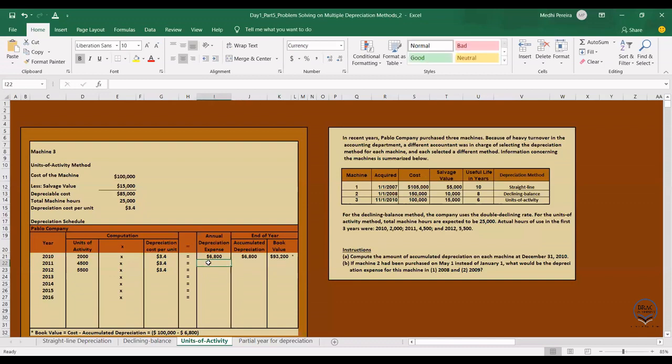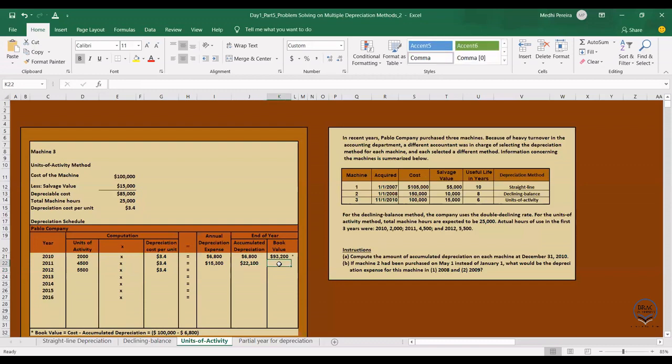So for the second year, which is 2011, we again have to multiply the units of activity for 2011, which is 4,500, multiplied by $3.4. So we have 15,300 for the second year. And in the case of the accumulated depreciation, now we have a previous balance. So we will be adding up the previous balance with the annual depreciation of 2011 in order to get the accumulated depreciation for 2011.